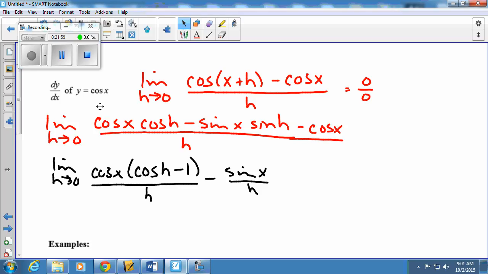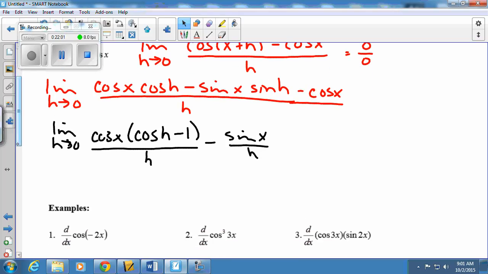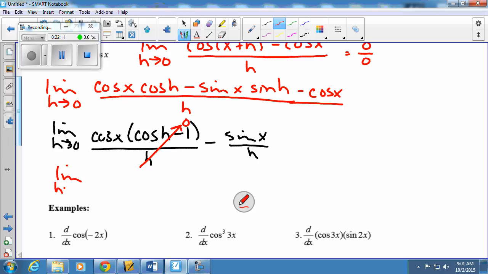So do I know something here? It goes to what? Okay, and 0 times anything is 0. So I'm left with one piece of a limit left, negative the sine of x over h. Is that what I have left? I think I'm missing something.